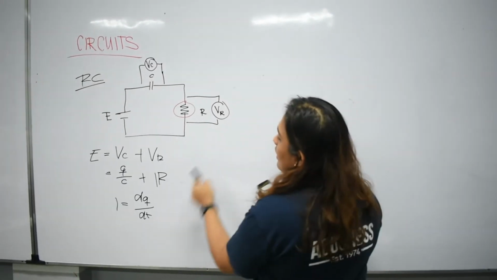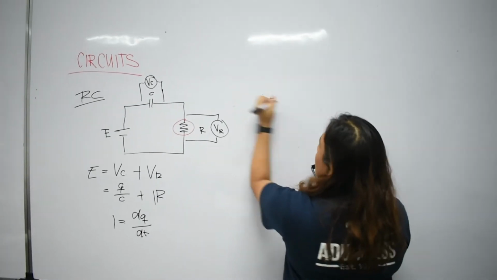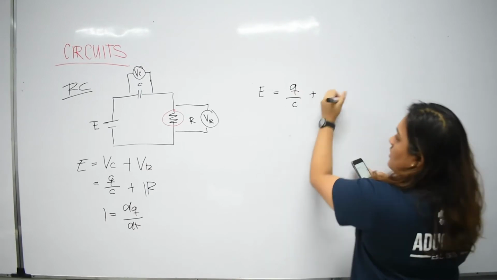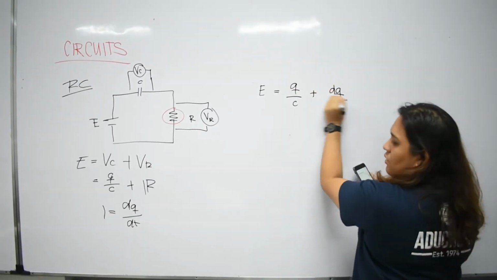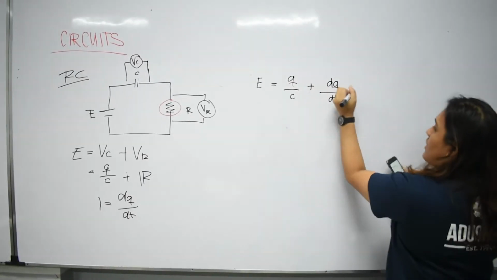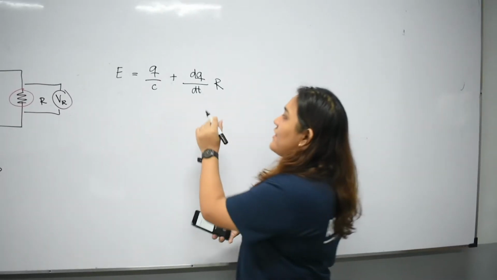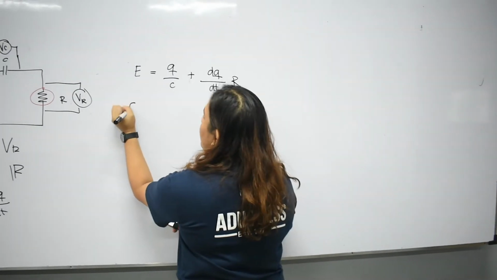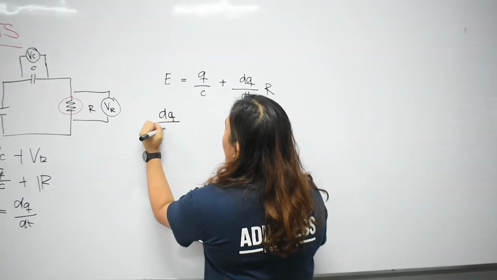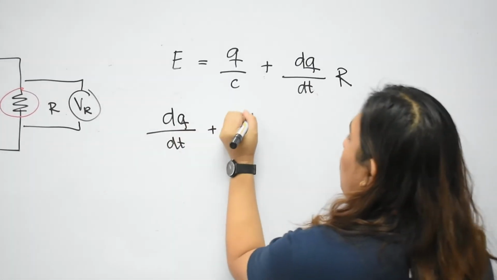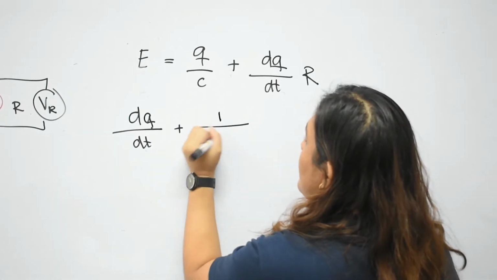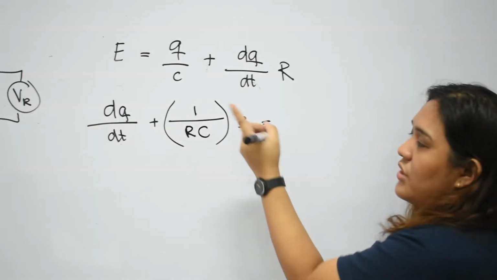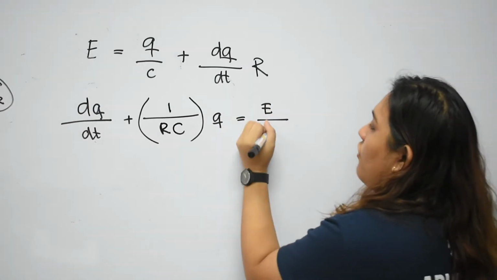Substituting I, we get E is equal to Q over C plus dQ over dt times R. Given this equation, we can derive the formula of the charge: dQ over dt plus 1 over the resistance times the capacitance times the charge is equal to the electromotive force over the resistance.